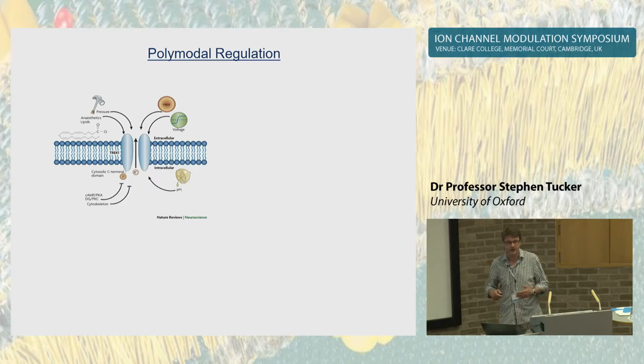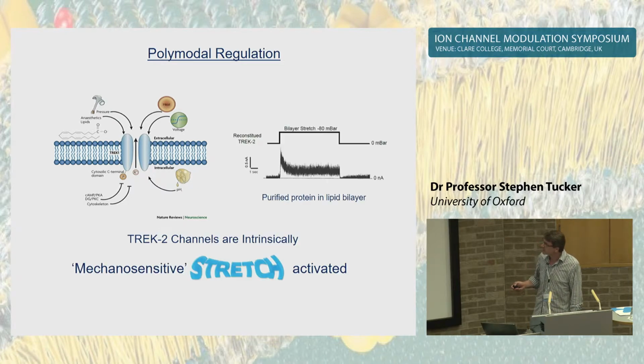So this enables them to integrate a wide variety of different signaling pathways into changes in electrical activity. Well, the one I'm going to talk to you most about today is this stretch sensitivity, or their mechanosensitivity.